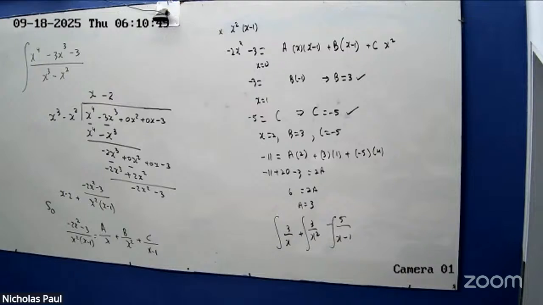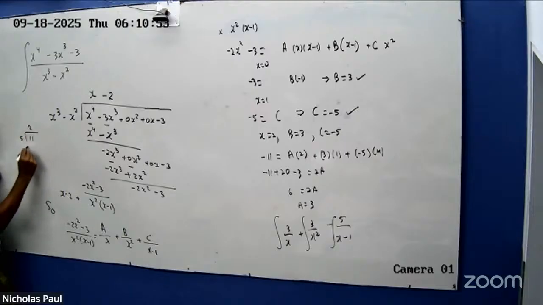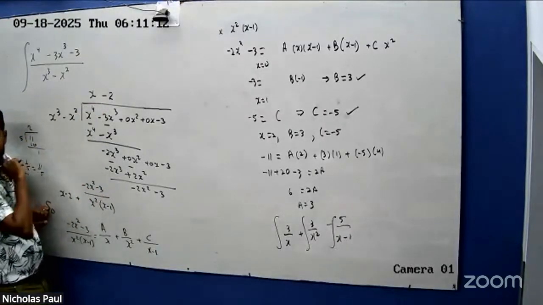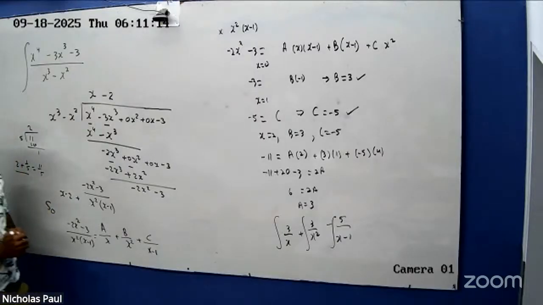There's a remainder. Watch. If I divide 5 into 11, I will get 2 remainder 1. So it will be 2 plus 1/5 is equal to 11 over 5, right? So 1 over this plus this. This over this plus this. Right? So watch this here.